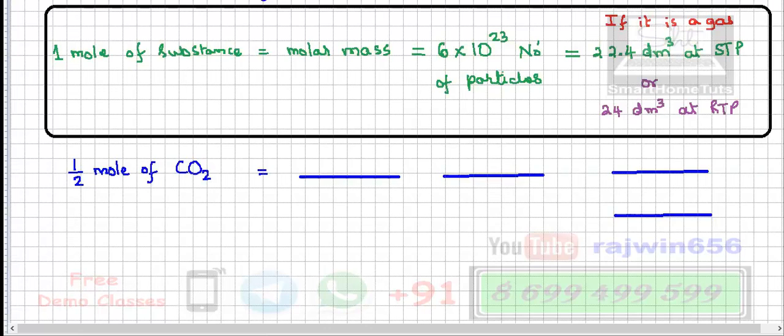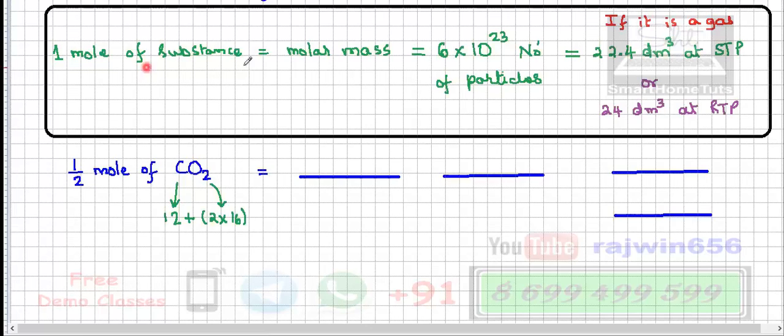From the periodic table, we are going to get the relative atomic masses. Carbon, the relative atomic mass is 12. This will be provided to you. Plus oxygen, there are 2 atoms of oxygen, so I'm going to multiply this by 2. The atomic mass of oxygen is 16. When I add this up, 16 into 2 is 32 plus 12. This is 44. 44 is the relative molecular mass of carbon dioxide.